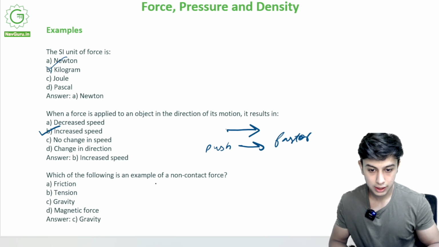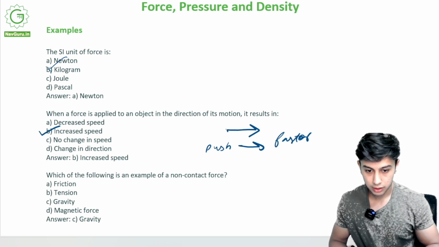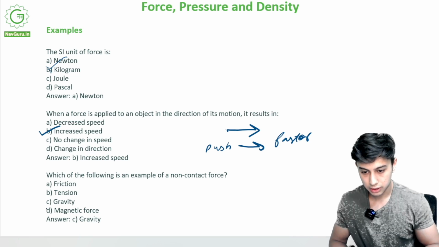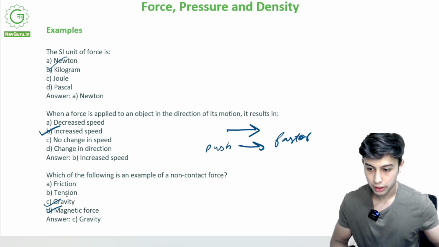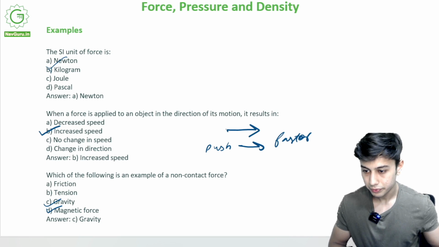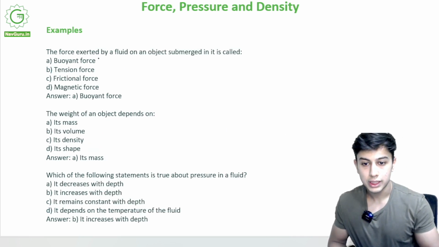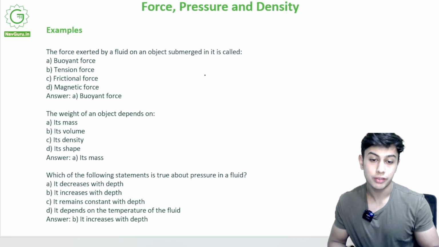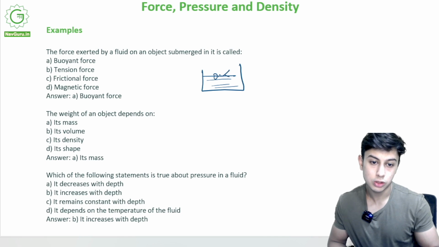Which of the following is an example of a non-contact force? Friction, tension, gravity, magnetic. Again, it's magnetic and gravity. Force exerted by a fluid on an object submerged in it is called, if you remember, this is water and there is a person who is swimming, immersed.